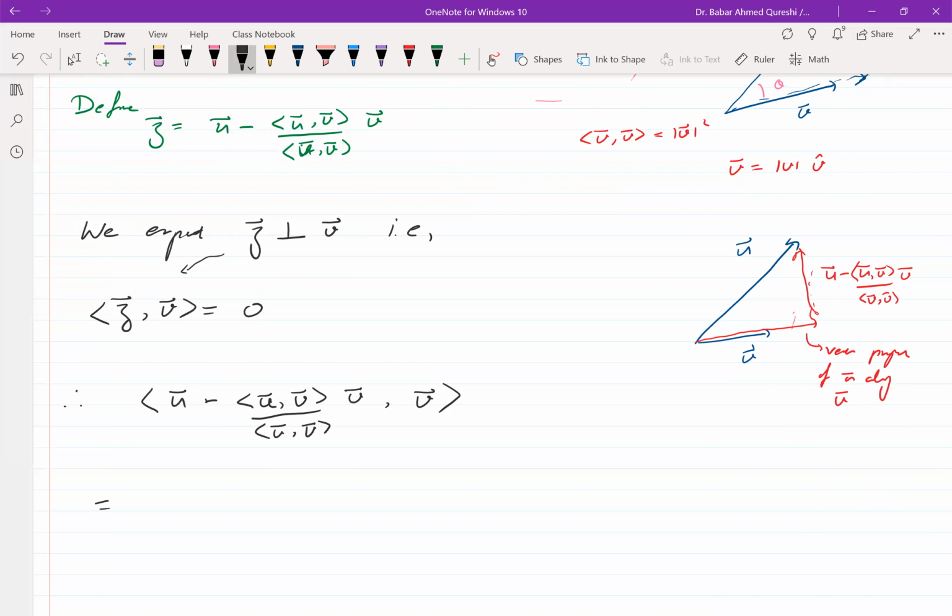Now I use the property that the inner product is linear. In other words, you can break it up. So u goes with v minus this number, because these are inner products, already numbers, so the numbers come out.